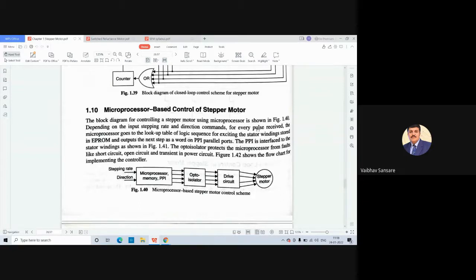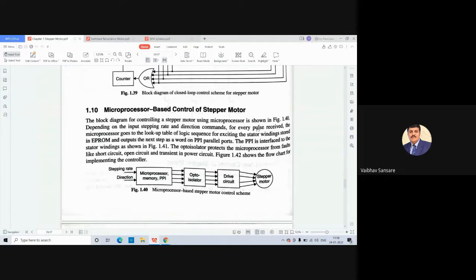So that is simply what type of excitation is provided to the different phases, and accordingly we achieve the desired step angle and desired stepping frequency. That entire thing depends upon the program fed in the microcontroller memory.